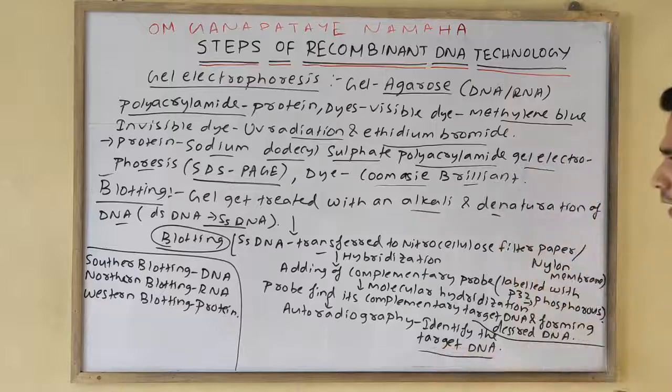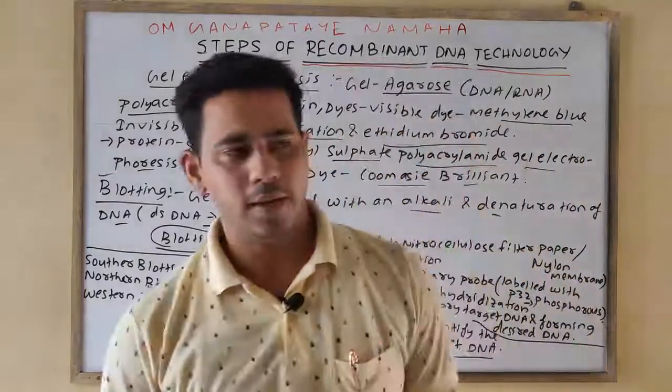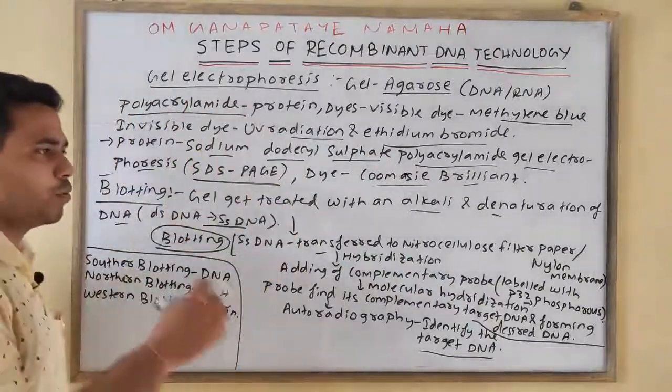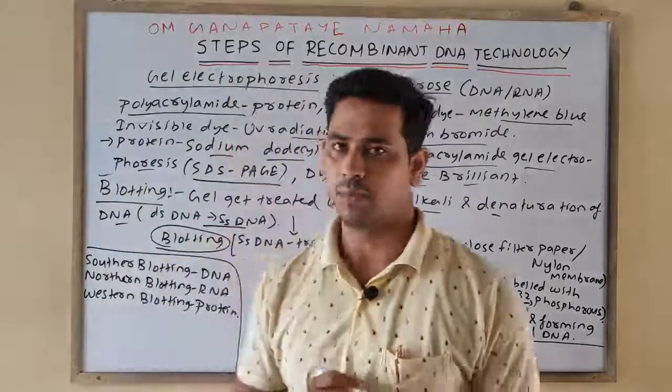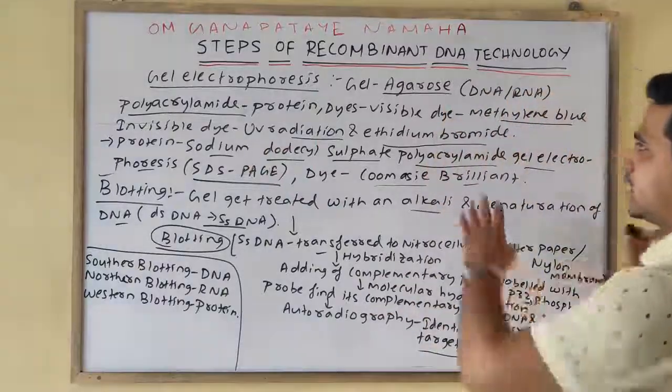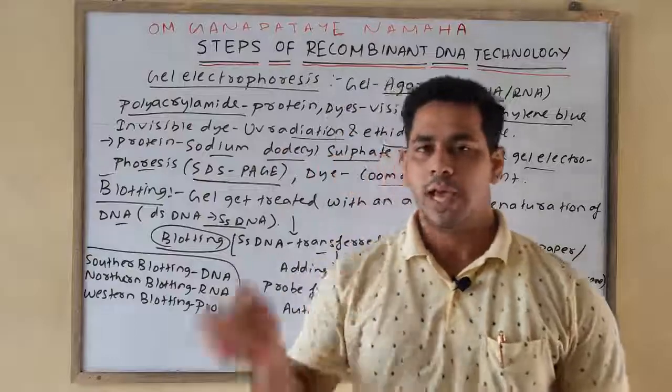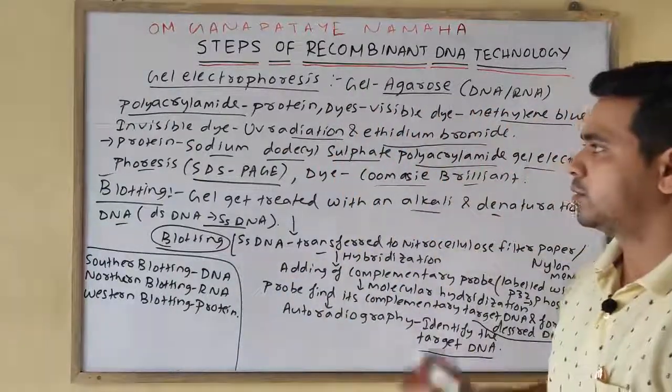By which we can identify our target DNA. We have discussed gel electrophoresis and blotting completely, but these are some important writing points that you should always remember. First we described the complete process of gel electrophoresis and the blotting technique, and now we have the few writing parts.